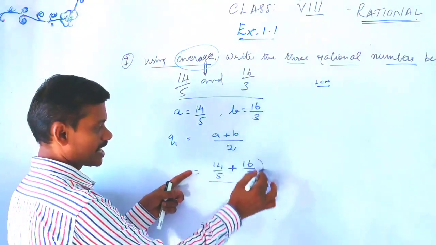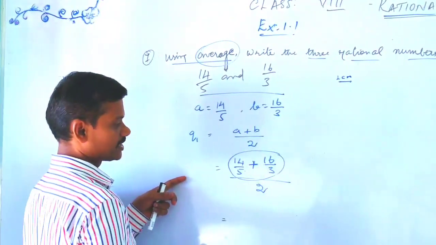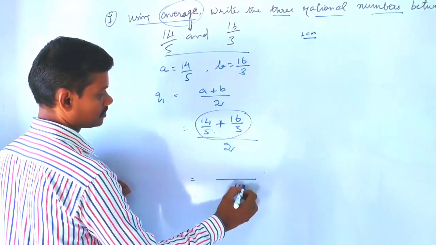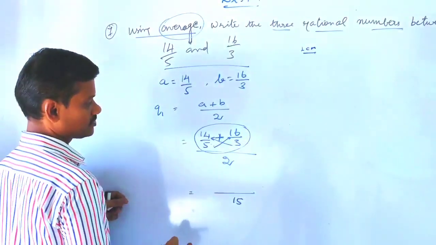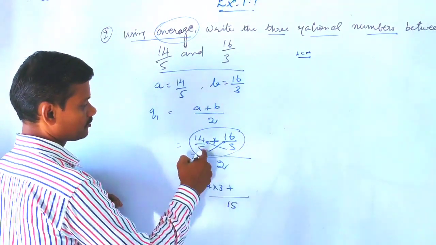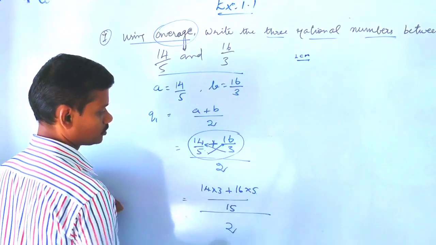Now we are going to add the numerators. To add the numerators, we have to make the denominators equal. So for that the LCM is 15. Now the numerator should be multiplied by the denominators with cross multiplication. 14 into 3 plus 5 into 16, whole divided by 2.